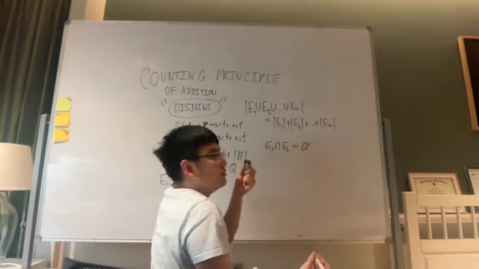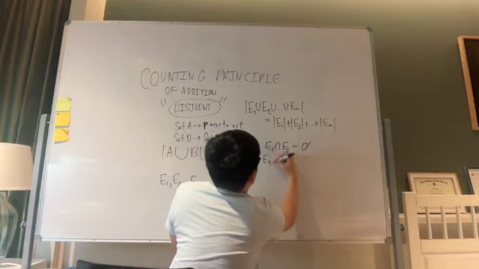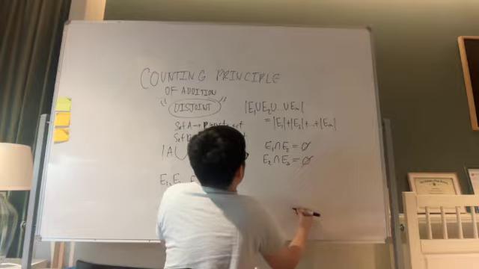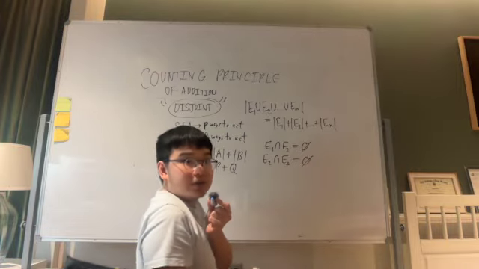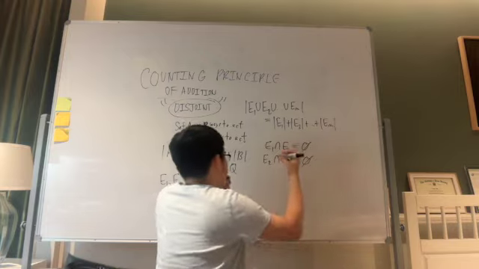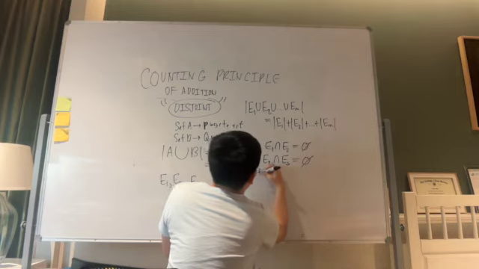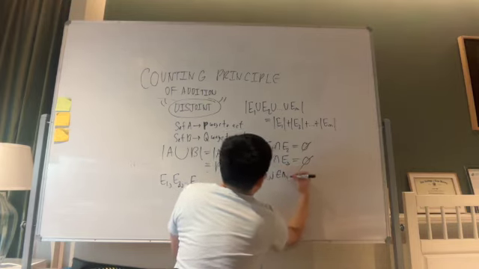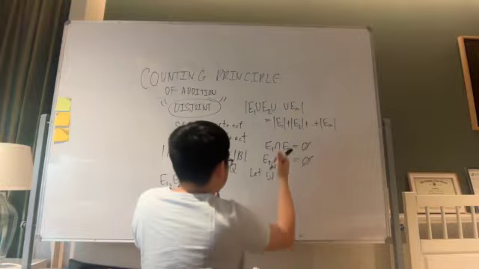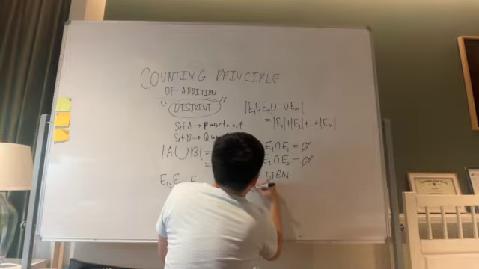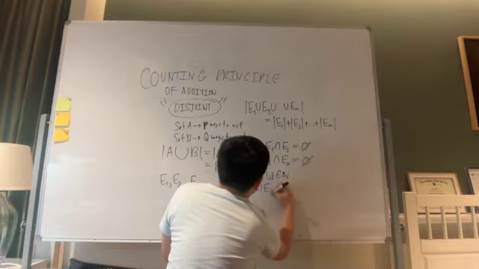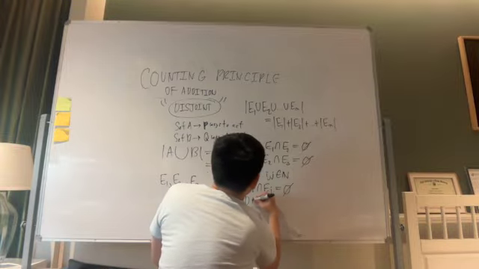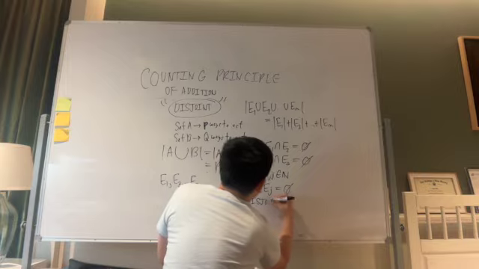Similarly, you could do the same thing with E2 and E3. That has to be the empty set as well. And therefore for any arbitrary indices i and j counting the sets, let i, j be natural numbers marking the sets, E_i intersection E_j always has to equal the empty set. So this is our disjoint criterion.